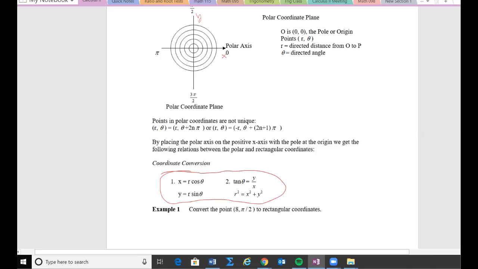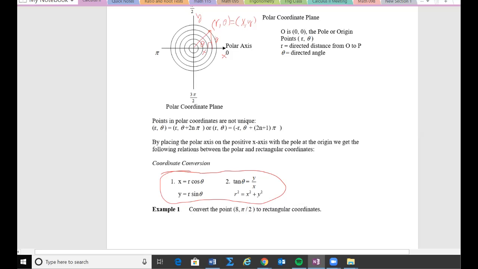Now, if you just pick a sort of random point out here, you can see how our relationships exist. This could be r theta, and if it's theta there, then this could be x, and this is y. So that corresponds to the xy in the xy plane.